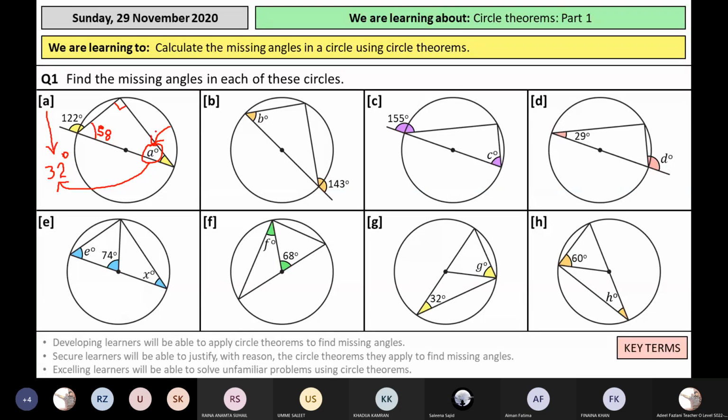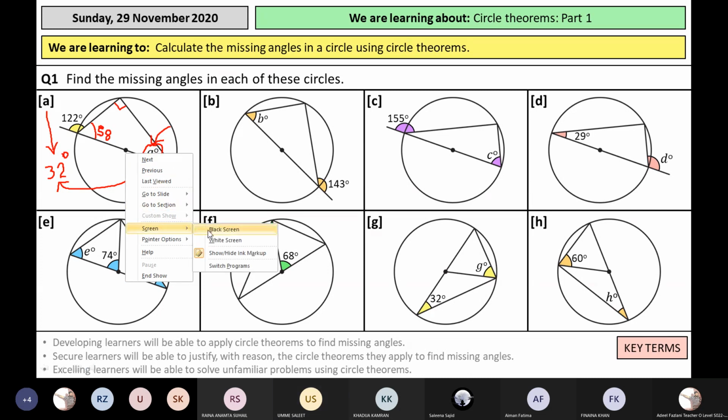Salit? Yes, sir. Salit, what I'm asking from you, just see. Can you see this triangle?